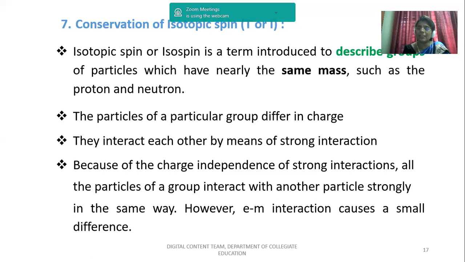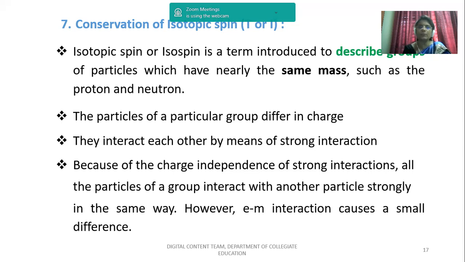Their charges are in no way considered in strong interactions. Whether it is between proton and proton, proton and neutron, or neutron and neutron, they interact in the same way very strongly.